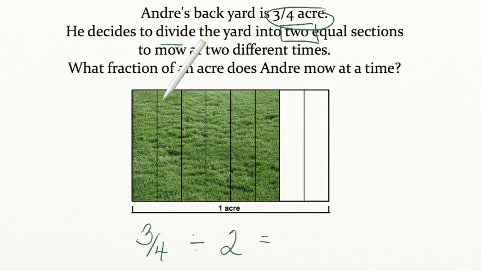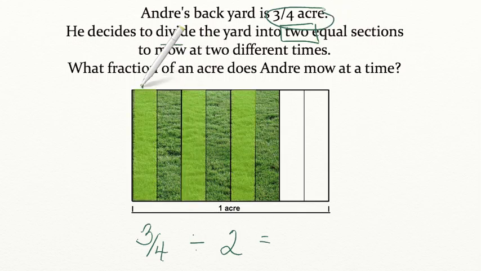Now that we've divided each section into 2 equal pieces, we need to shade in 1 out of every 2 pieces. And that's going to show the 2 different ways that Andre will mow the lawn. So our highlighted sections are 1 of our shaded pieces out of 2 that Andre will mow the first time. Our second piece that was not shaded in is going to show what Andre will mow the second time.